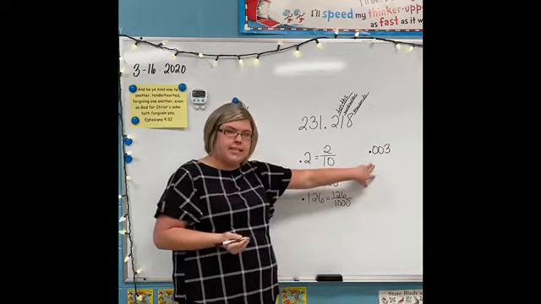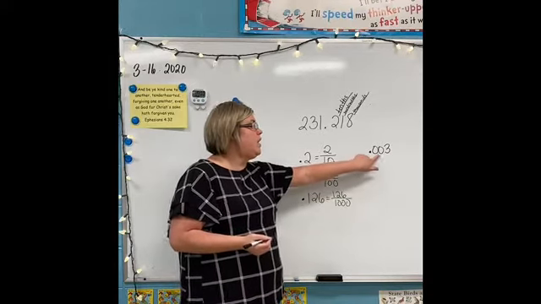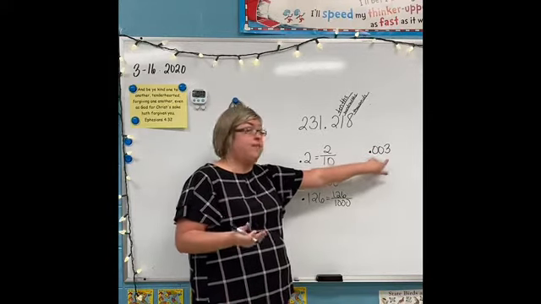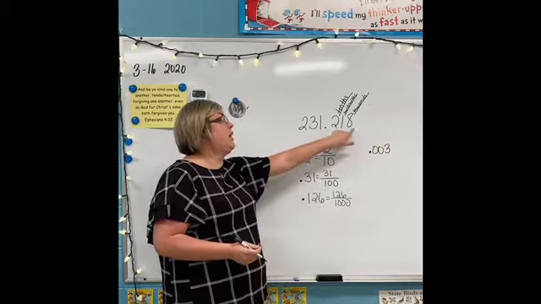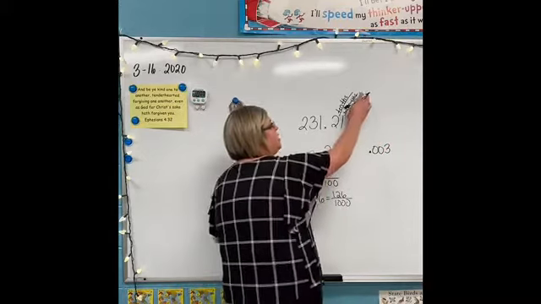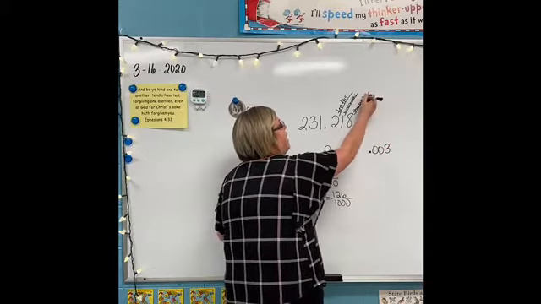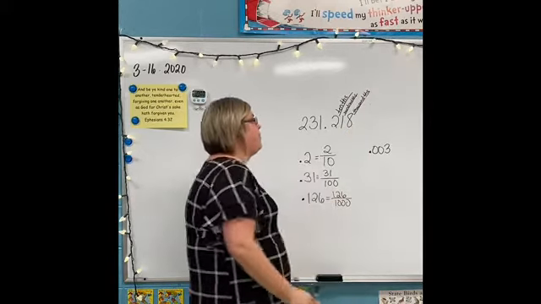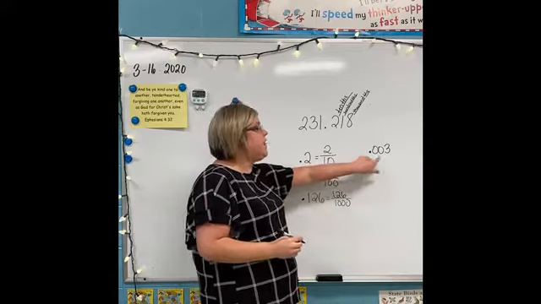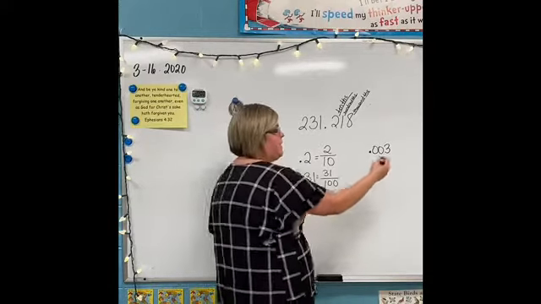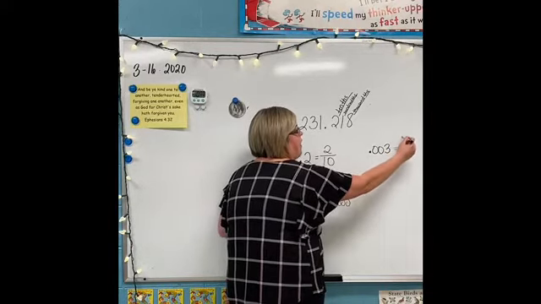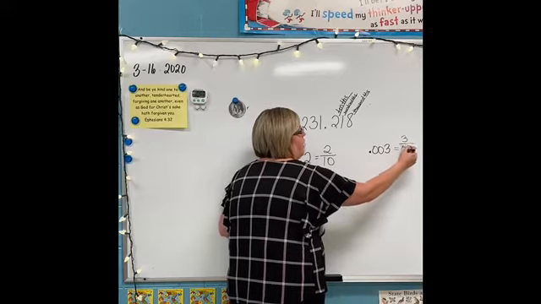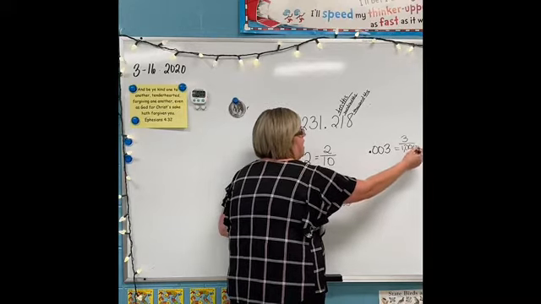How many places are in that? 1, 2, 3. So what's the place value? The thousandths. Ooh, did y'all catch my error? I spelled thousandths wrong. All right, so if it's in the thousandths place, when I write this as a fraction, I'm going to write 3 over 1,000.